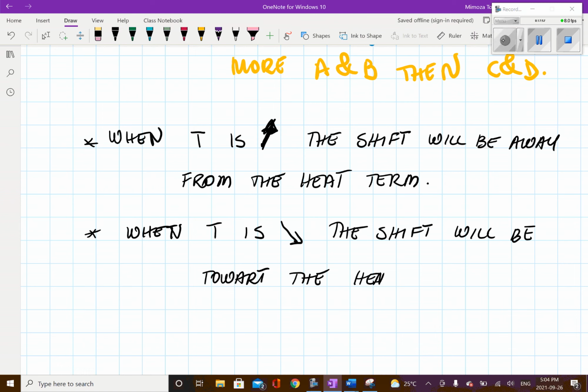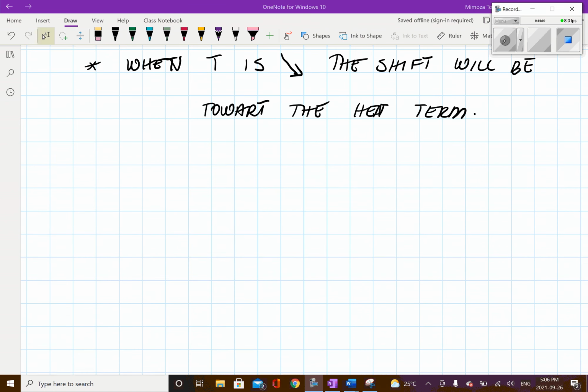Toward the side of the heat term. Okay, so this is the logic. Now we'll see some examples on it. So let's take a look now.